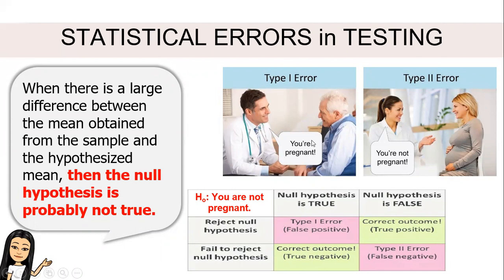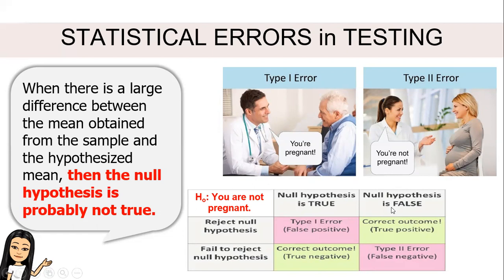For the first scenario, for the type 1 error, your null hypothesis is true, right? This guy is not pregnant. But the doctor rejected it and told this guy, "Sir, you are pregnant." That is a type 1 error. Or in some books, they call it a false positive. You committed a type 1 error or a false positive error.